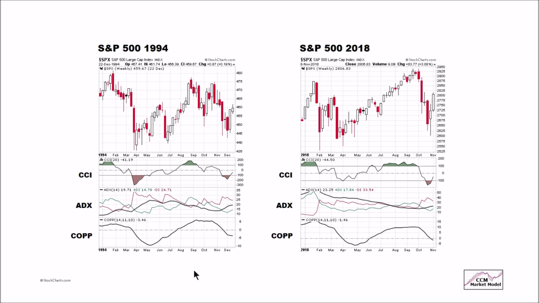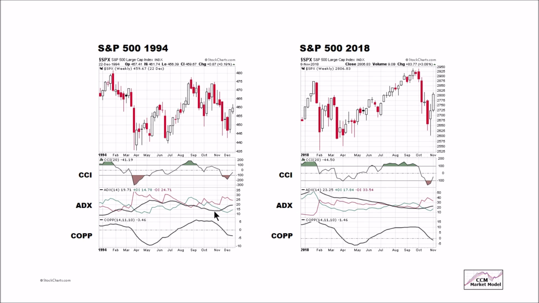Let's just walk through pattern recognition. 1994, CCI goes from overbought to oversold to overbought to oversold, and then sneaks above negative 100. Overbought, slips into oversold, back to overbought, back into oversold, and look at the look of this. This is very, very similar to this look here on November 8th, 2018.